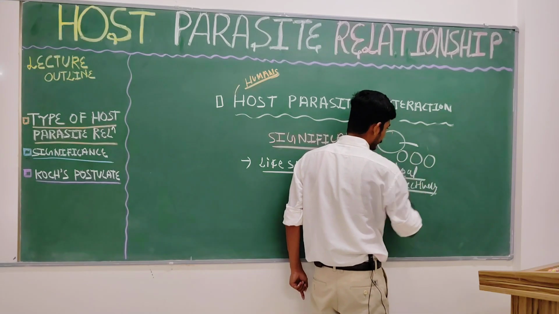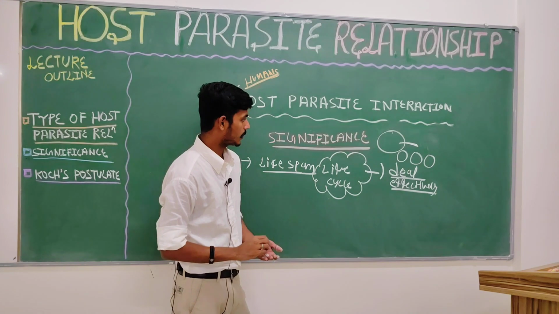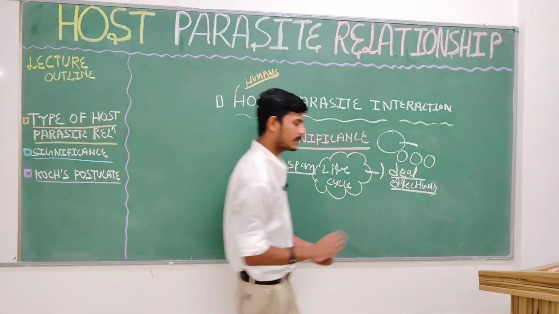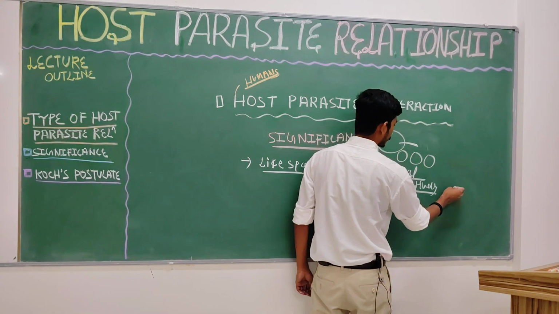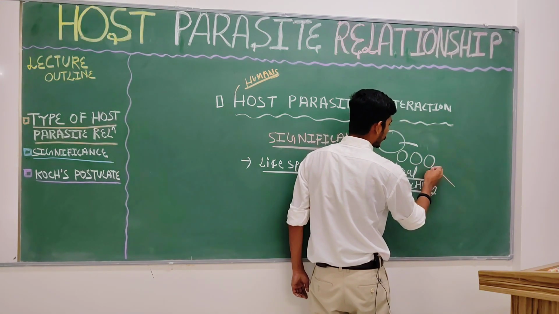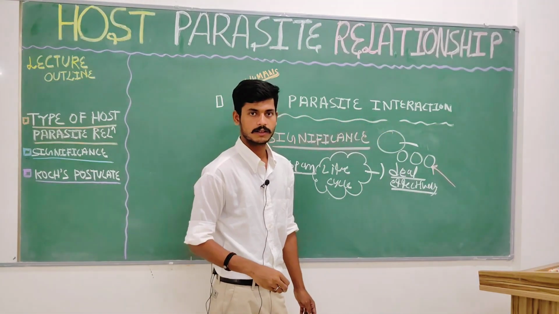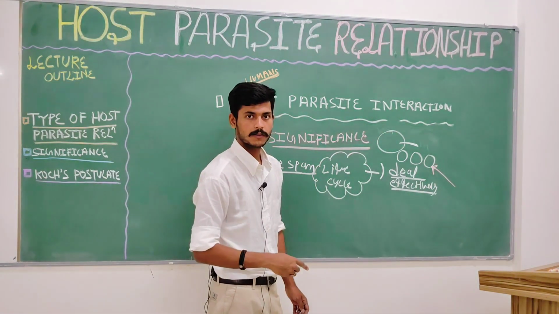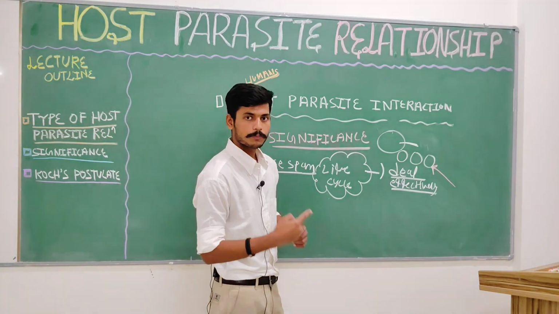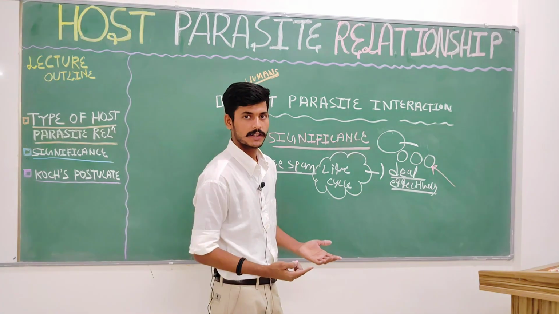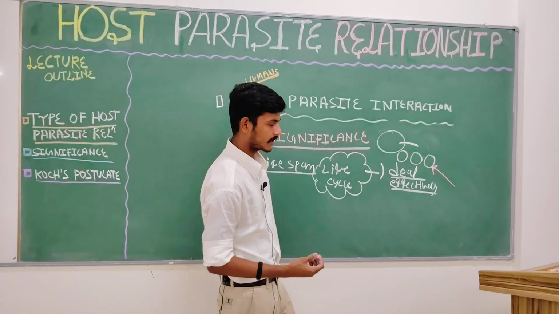So if it is replicating and enhancing its progeny, and we understand the life cycle of the parasite, then by the use of an appropriate pharmaceutical agent, we can disrupt their life cycle. We can disrupt their development. We can disrupt those enzymes involved in their multiplication. Are you getting my point? So that's one significance of understanding this interaction.